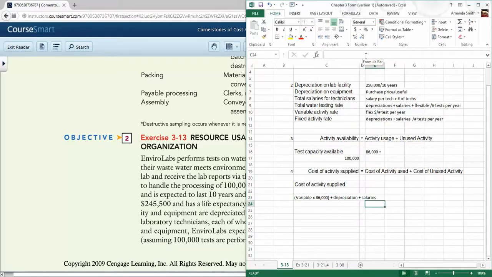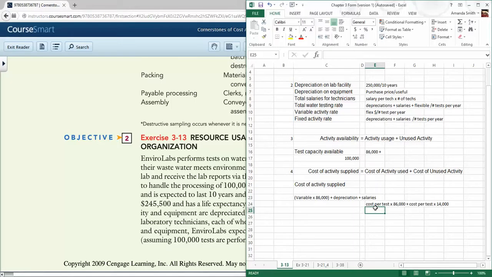When you get over to the other side of the equation, you're going to have to do the cost per test times the number used, so 86,000. That is going to be added to the cost per test times the 14,000.